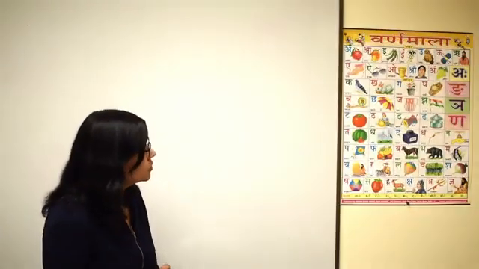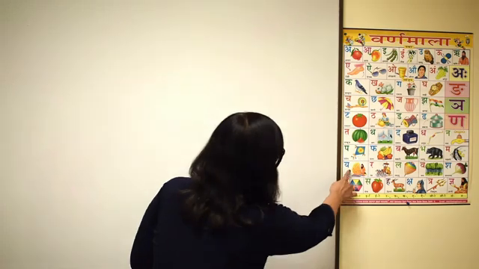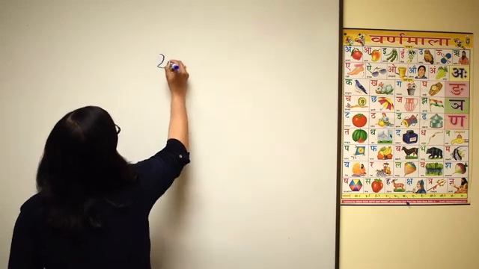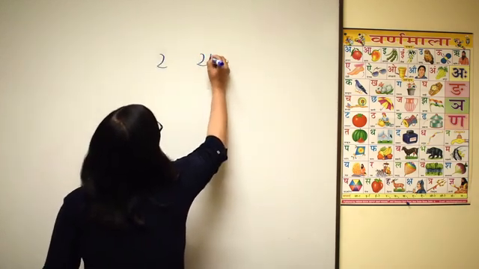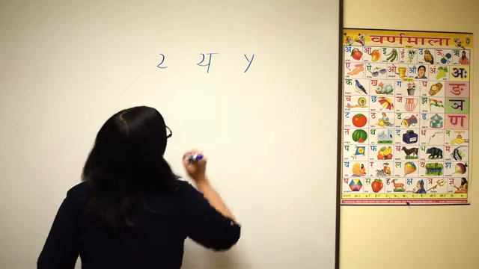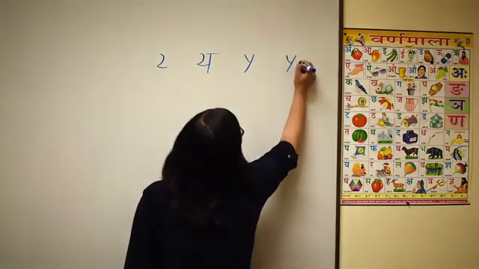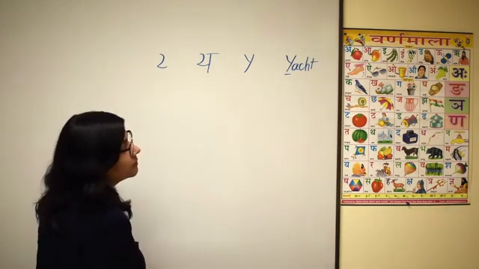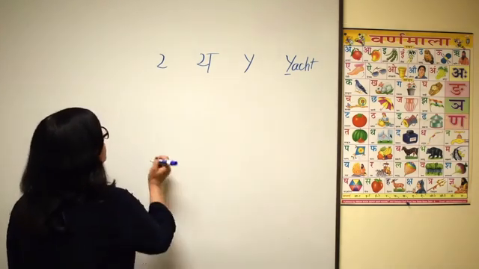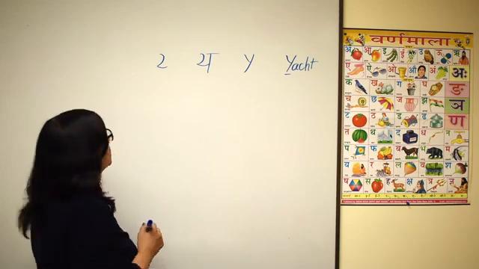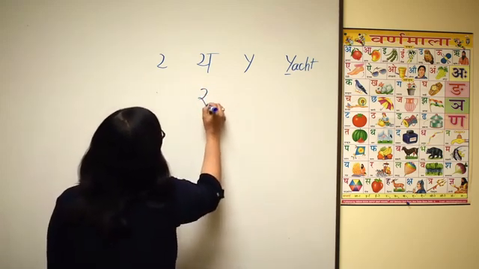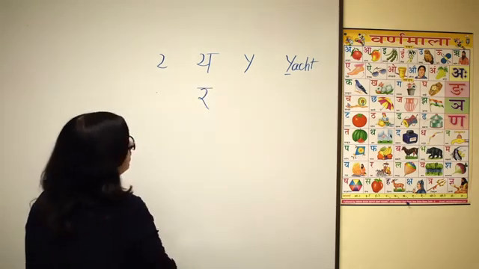So now we will do our semi-vowels in the next row. Okay, the first one is ya. Okay, so that's our Y. Okay, y as in yacht. Okay. The one after that is R. Okay, so we can write R like this.